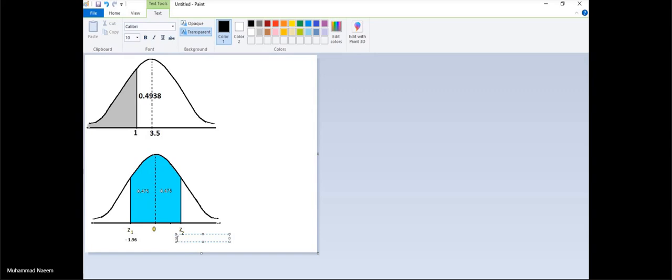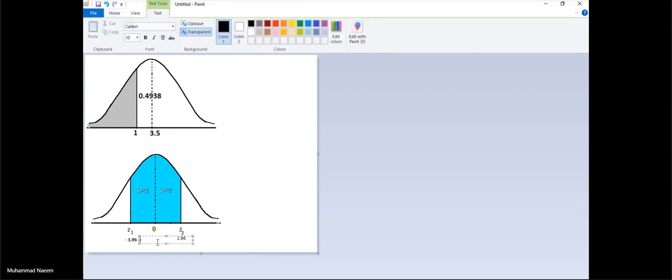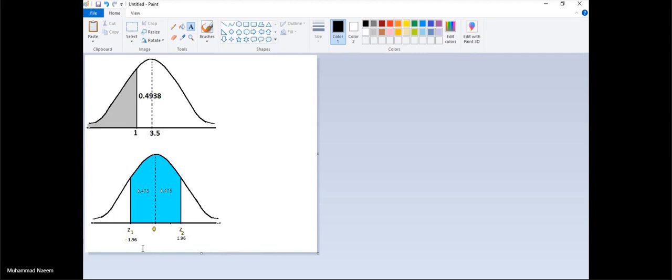In terms of z, because the table deals with a variable z. If we need to find out the area, we must have the point in terms of z. If we are finding a point using area, this point will be in terms of z. Now convert both of these points in terms of x using the same formula.